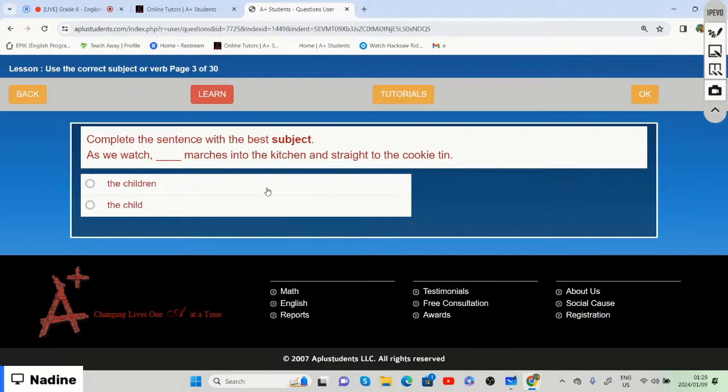So which one is the correct or the best subject? Look at the word marches, which is our verb, ending with an ES. So do we choose the children, which is more than one, which is plural, or do we choose the child, which is singular?